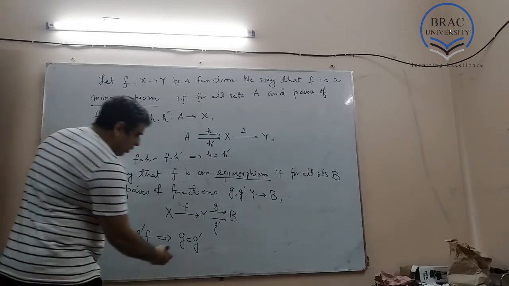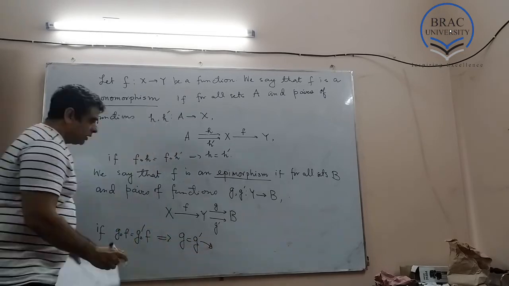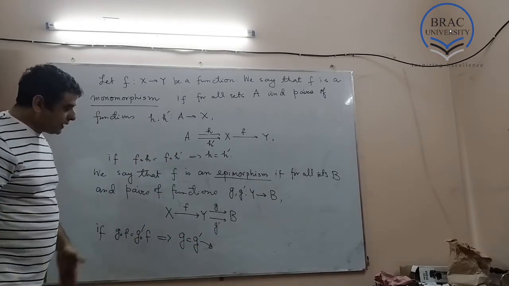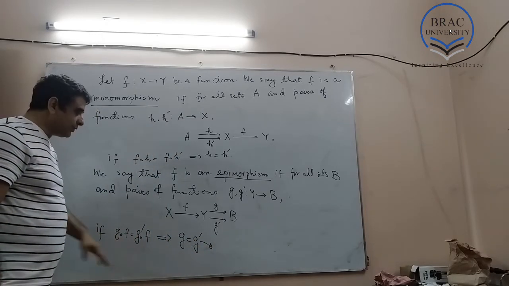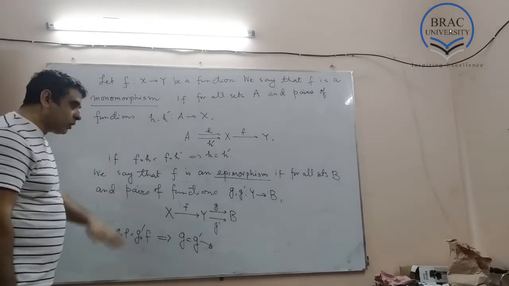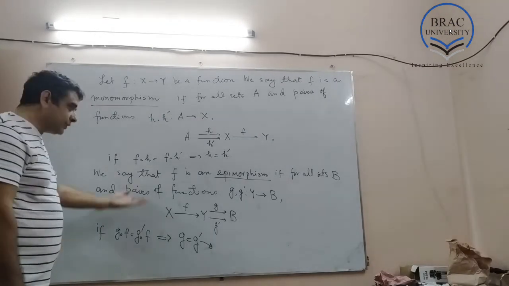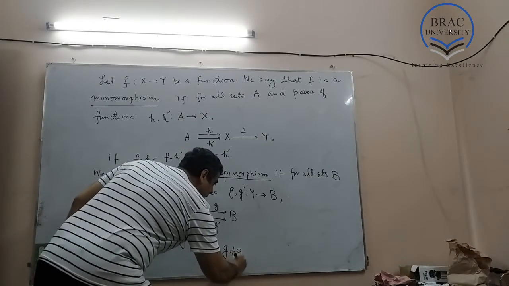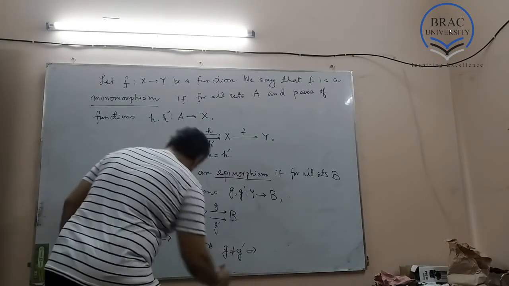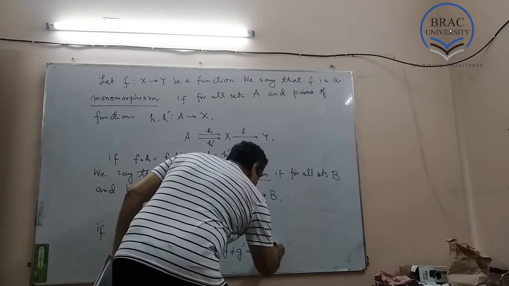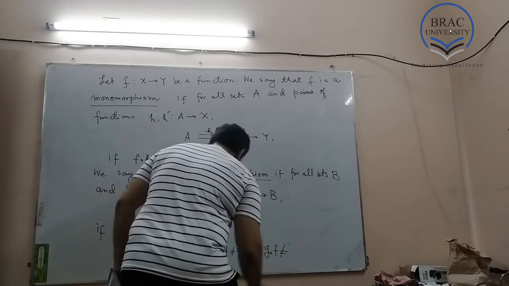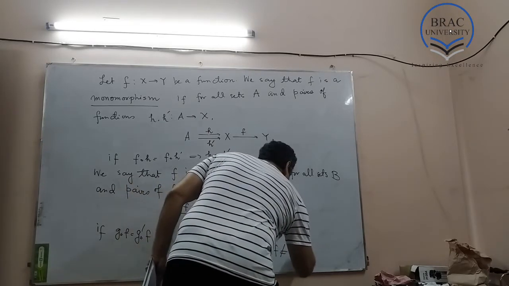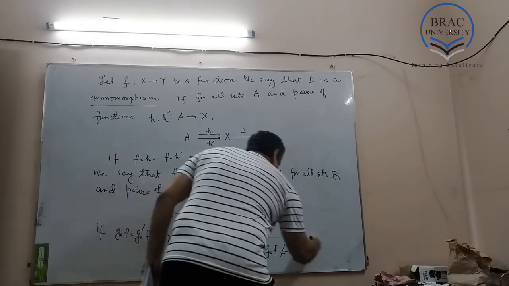If we take the contrapositive of this statement, I want to write a statement which is equivalent to this one. Sometimes for the sake of proof, you need the contrapositive of the same fact. Then we prove that g not equal to g prime implies g composed with f is not equal to g prime composed with f. But they are equivalent.